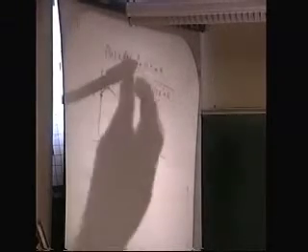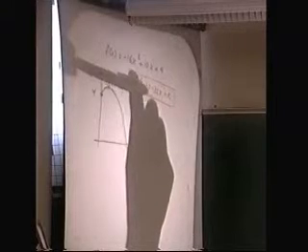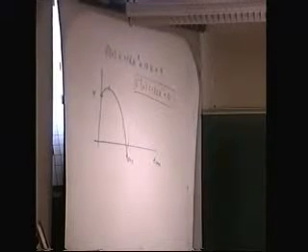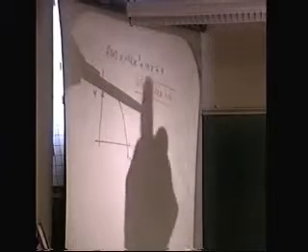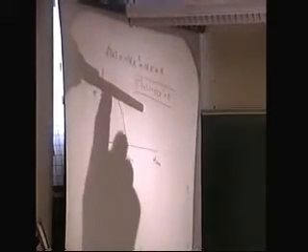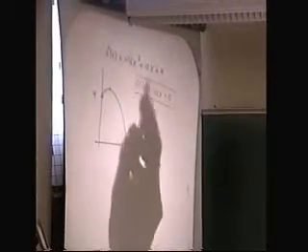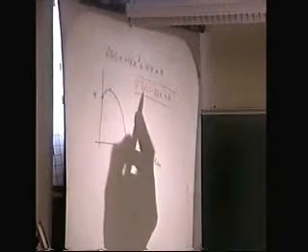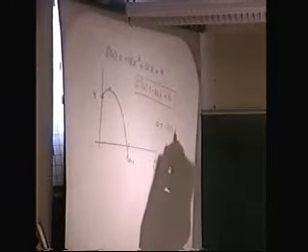What I might be interested in, for one reason or another, is its maximum height. Especially if I'm going to shoot off a rocket in the backyard, I might be interested in how high it got. Well, when this is 0, I'm at my maximum height. In other words, find the 0 of the derivative function. 0 equals negative 32x plus 10.